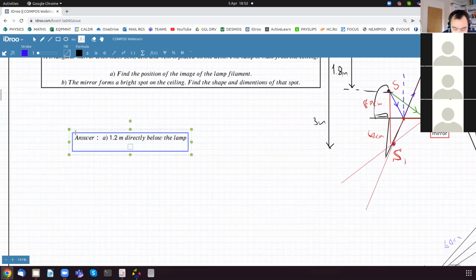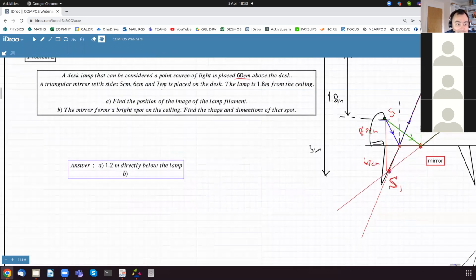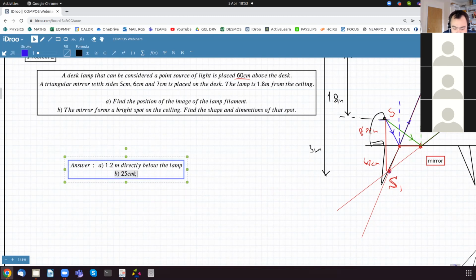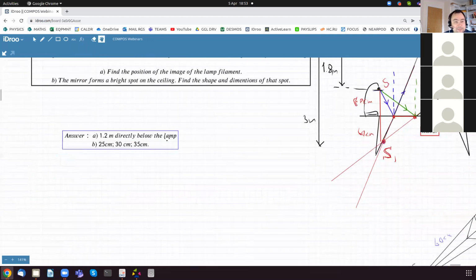And B, if the mirror was 5 centimeters by 6 centimeters by 7 centimeters, it's going to be 25 centimeters, 30 centimeters, and 35 centimeters. Okay, so that's that.